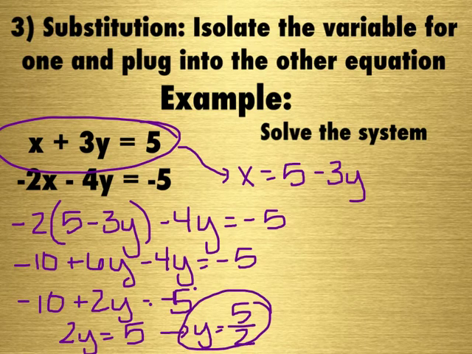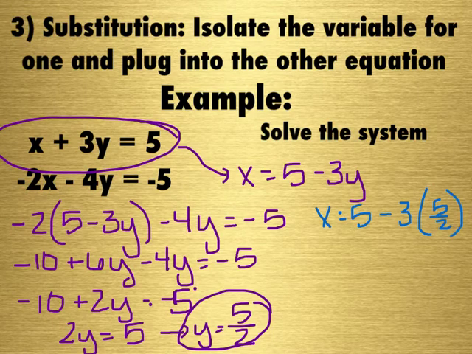So that means y equals 5 over 2. Once we have y equals 5 over 2, we can go back into this equation here and plug it in. Let me change my ink color. So x equals 5 minus 3 times 5 over 2. That's like 3 over 1, and we'll multiply straight across. So x equals 5 minus 15 over 2.